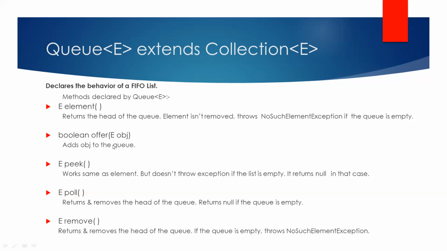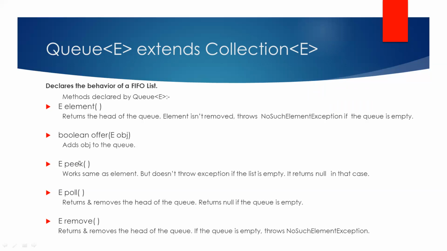To add any element into the queue, we use the method offer. This will add the object to the queue. Another method is peek, which works the same as element. It returns the value at the head.